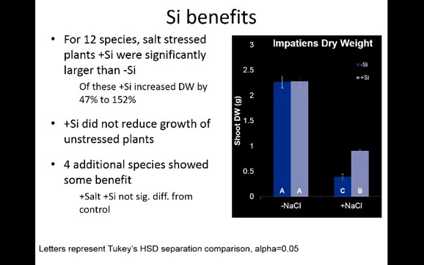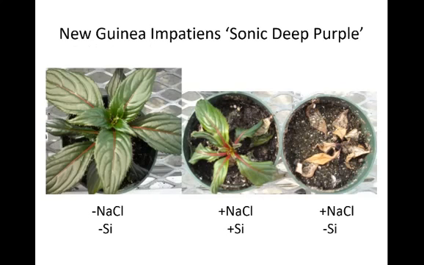And there were 4 additional species that showed some benefit of silicon, but the plus salt plus silicon treatment was not significantly different from the plus salt and minus silicon treatment. Actually, one of those that was very promising, but whose plants were essentially dead by the end of the experiment, was New Guinea impatiens. So it's interesting that impatiens showed us a nice response as well as New Guinea impatiens. We have a control plant on the left that did not get salt or silicon.